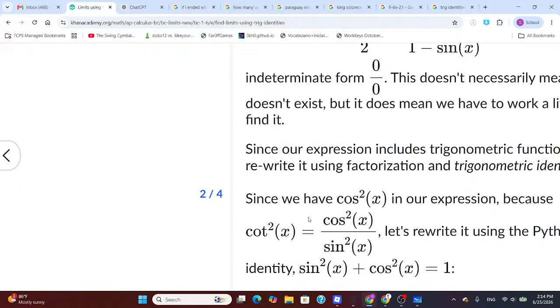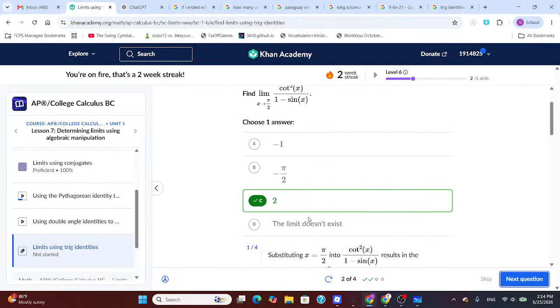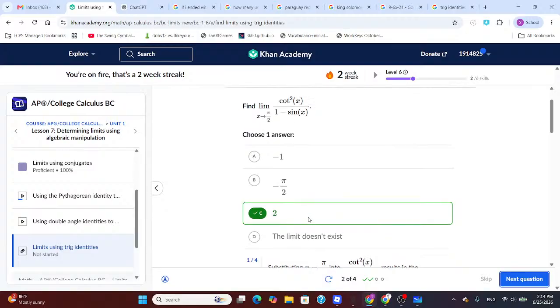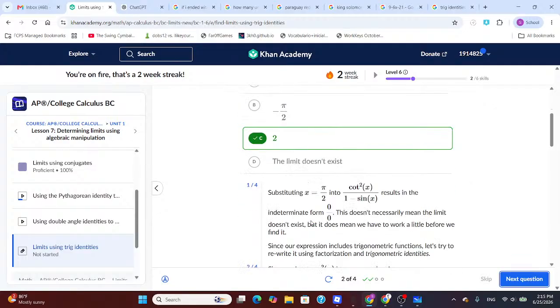I never knew limits were this hard. Cotangent x is cosine over sine.